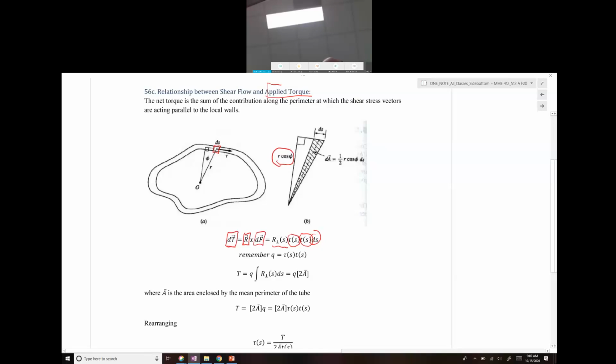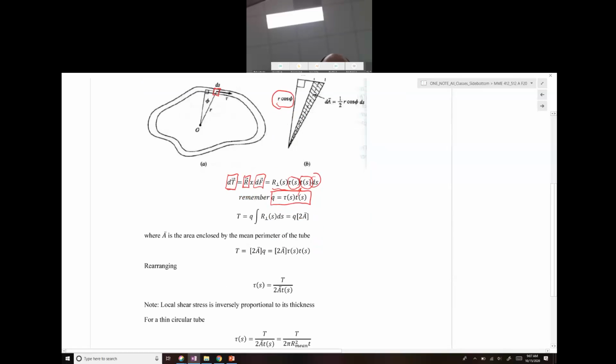So we can again remember that the shear flow is equal to tau of s times t of s. So we can substitute that into this equation here.